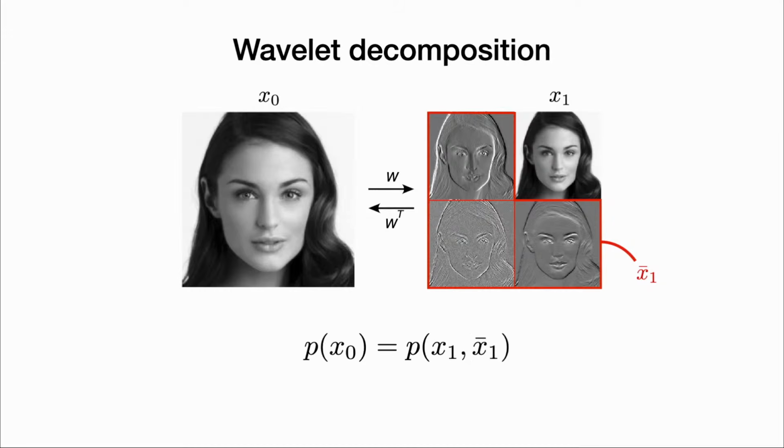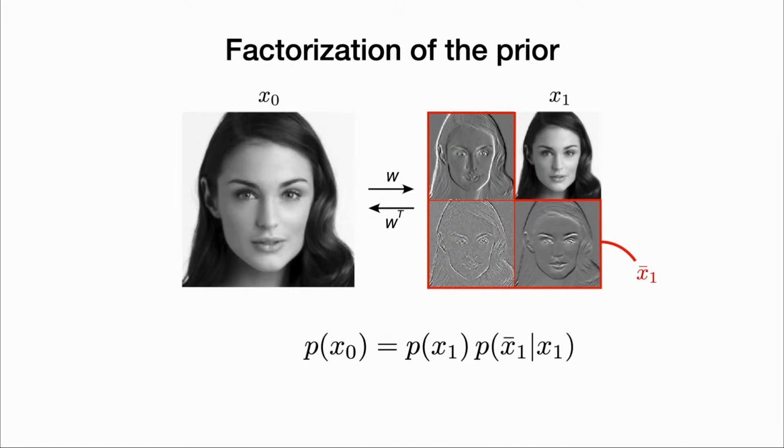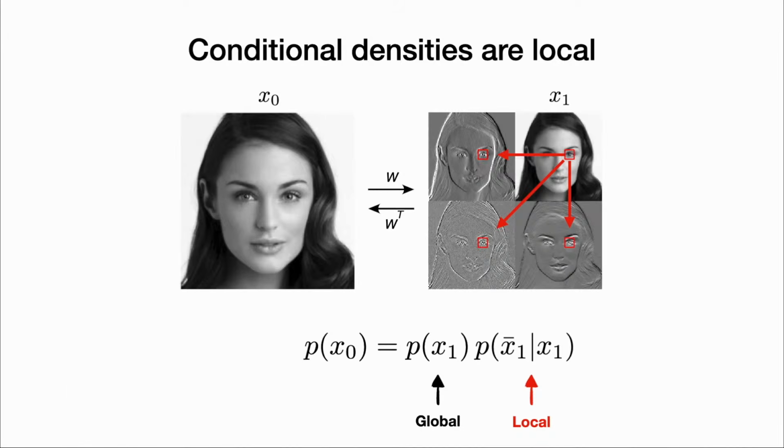Because of that, now I can write the density of the original image as the joint density between the details and the low pass. And I can also factorize it one step further. At this point, we are going to insert or assert our prior, our assumption, which is a conditional locality.